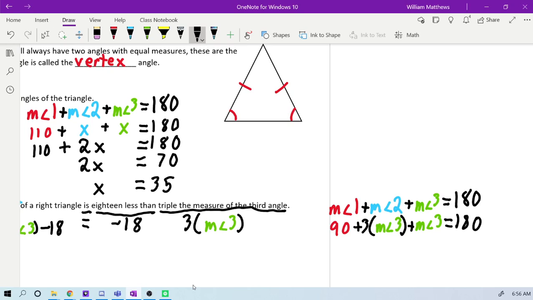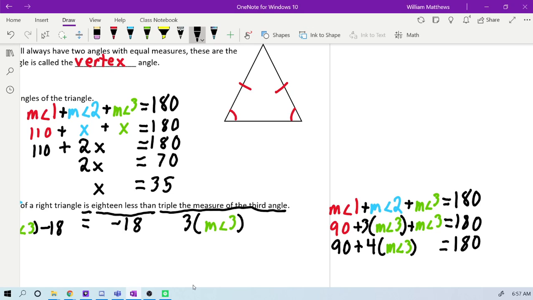So we go through the process. I can combine like terms. This is one variable. The 3 and the 1 combine to be 4 when I'm referring to the measure of angle 3. And this still equals 180.